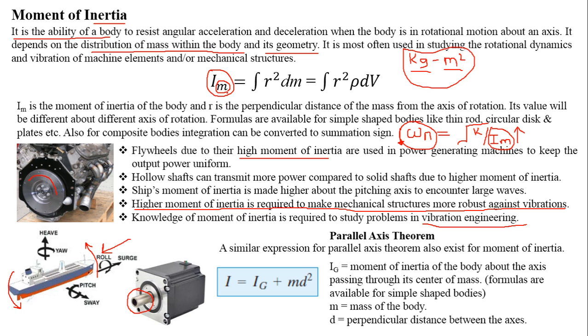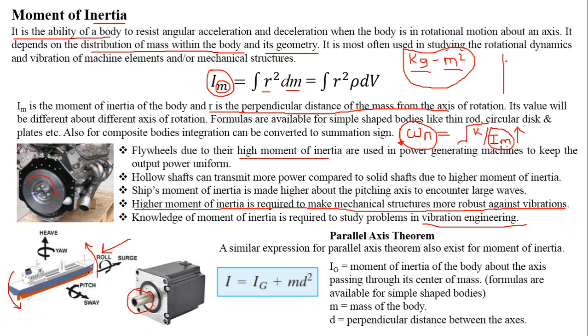You have to use subscript m, and this is equal to integral r square dm. So that is why I told you that it depends upon the mass as well as geometry. So I_m is the moment of inertia of the body, and r is the perpendicular distance of the mass from the axis of rotation.